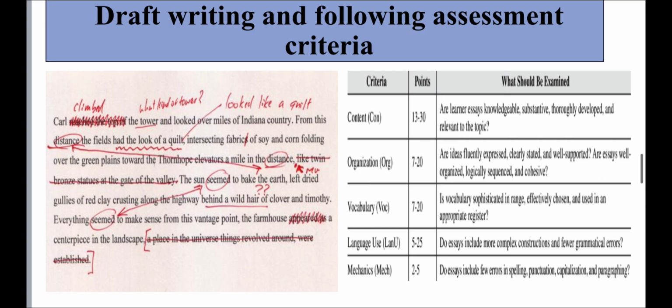Next technique, the approach that I use in my lessons is draft writing. It means if your students have some mistakes or problems with the writing, these students can rewrite the same essay.